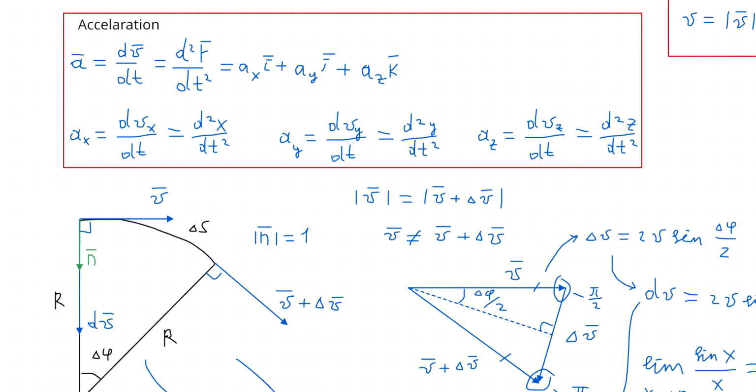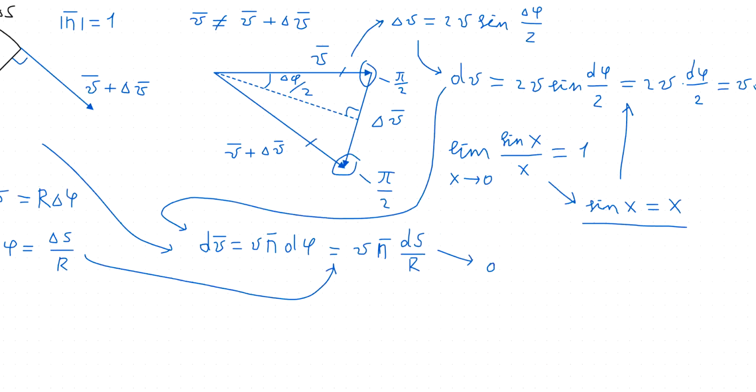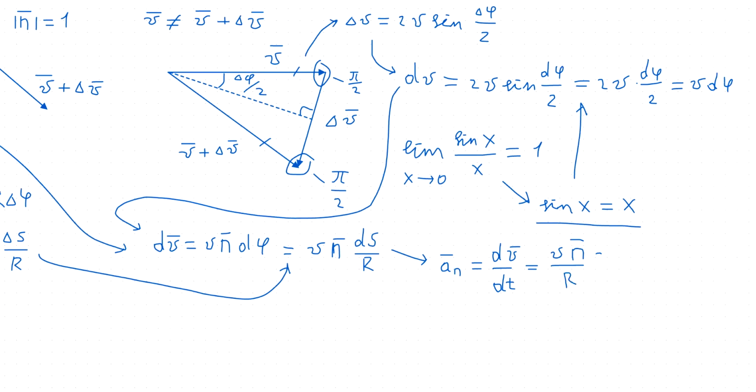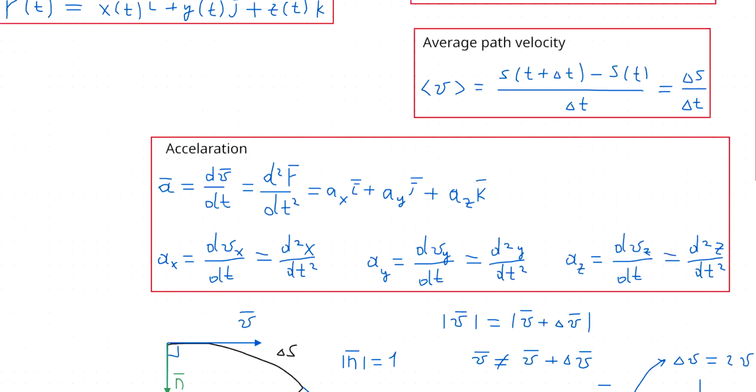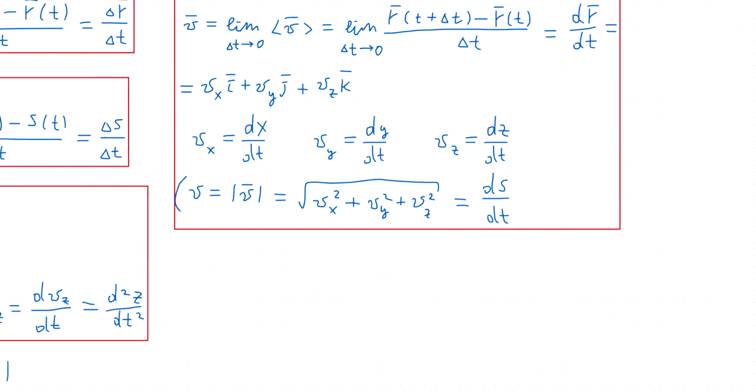So normal acceleration will be a vector a_n, equal to the first derivative dv by dt, and it is equal to v normal vector n divided by r, and ds divided by dt, and ds divided by dt is the modulus of velocity according to this formula.